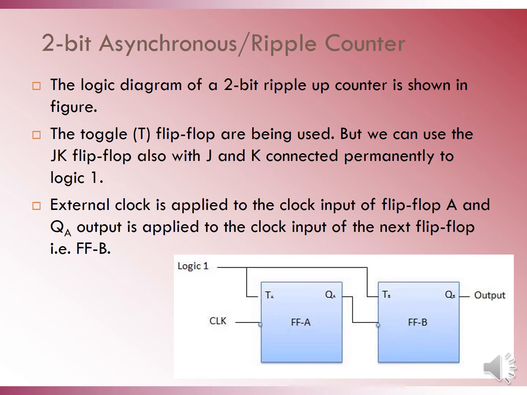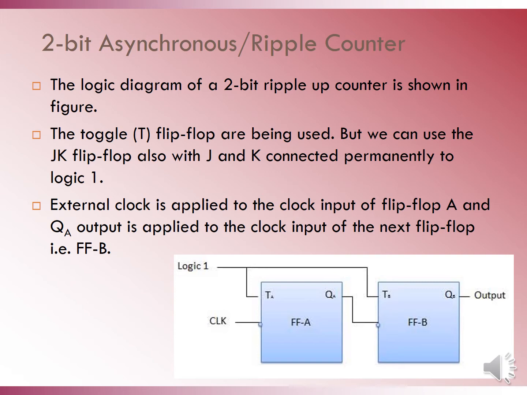Now, when the second negative edge of the clock comes, flip-flop A will again toggle because it is receiving the clock directly. So QA will change from 1 to 0. A transition of 1 to 0 in QA acts as a negative clock pulse for flip-flop B, and as TB is connected to 1, it will toggle now from 0 to 1. So, after the second clock pulse, the output QB QA equals 1, 0.